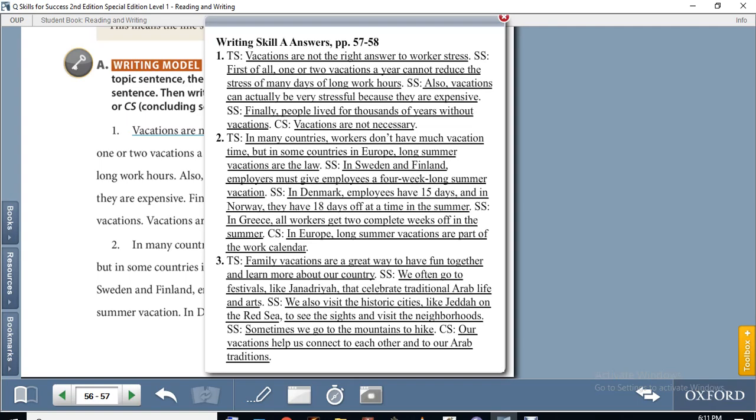"We also visit historic cities like Jeddah on the Red Sea to see the sights and visit the neighborhoods." Next sentence, supporting sentence. "Sometimes we go to the mountains to hike." And the last sentence is the concluding sentence. "Our vacations help us connect to each other and to our Arab traditions."